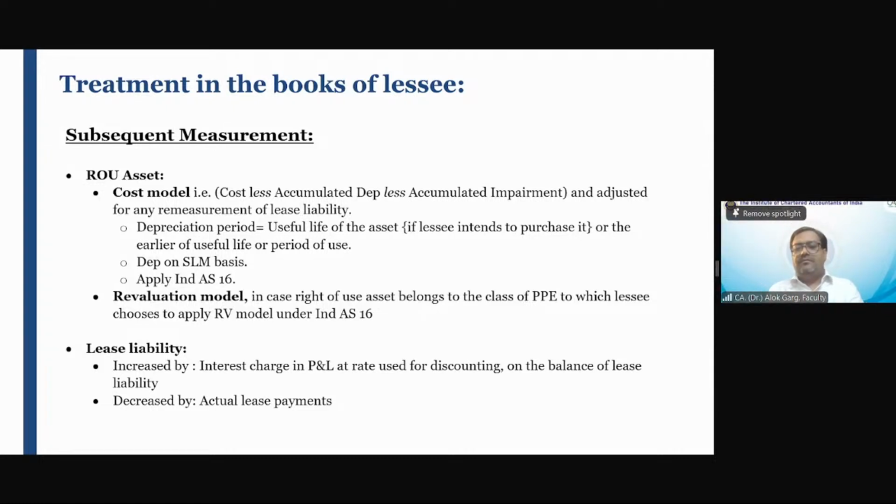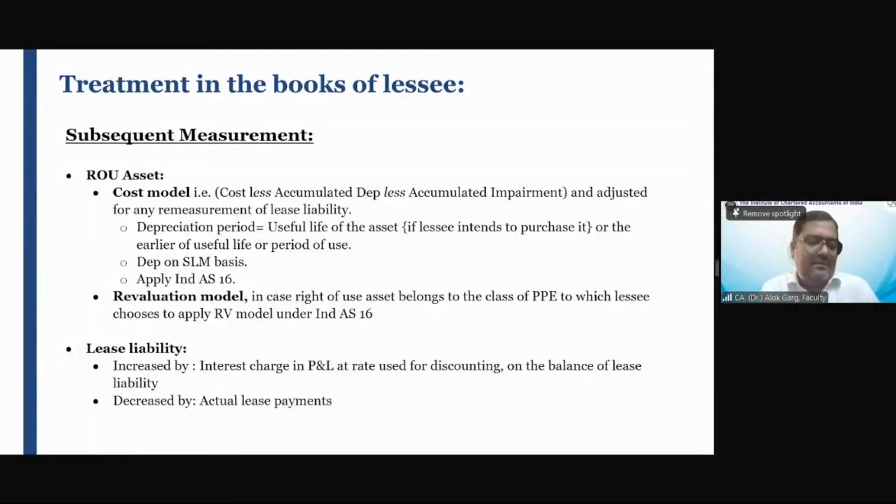Sir, I want to ask whether in subleasing, first the lessee thinks that he will use the asset, and after 1 year he thinks that he should sublease. Then also the exemption will not be available.